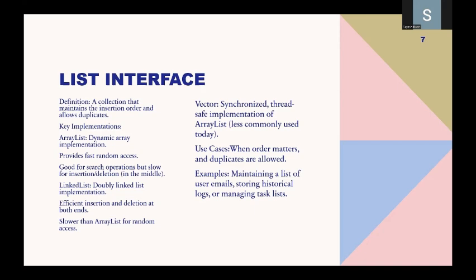Now the other thing is the linked list. A linked list has various formats like singly linked list and doubly linked list, but most probably the type of linked list we generally use related to Java Spring Boot is a doubly linked list.